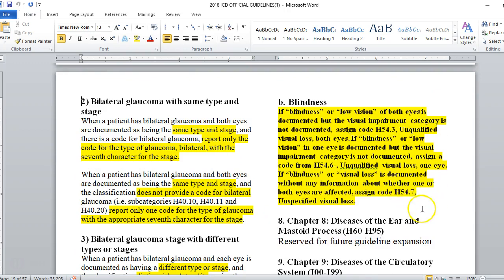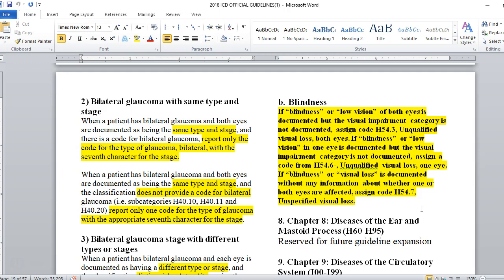The last section, and they've added this as new for this year: if blindness or low vision of both eyes is documented, but the visual impairment category is not documented, assign code H54.3, unqualified visual loss, both eyes.